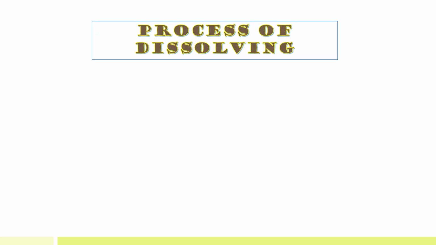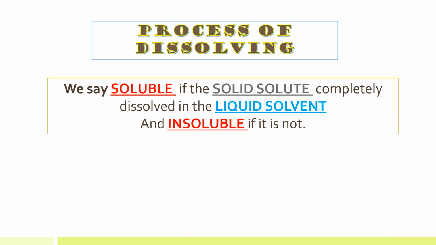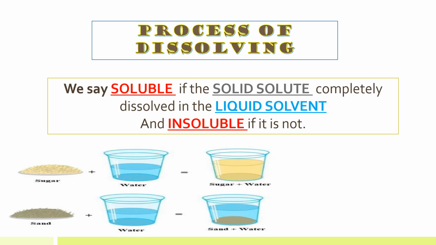Process of dissolving. We say soluble if the solid solute completely dissolves in the liquid solvent, while insoluble if it does not. So I have here a picture of soluble and insoluble. Which one here is the soluble and which one is the insoluble?